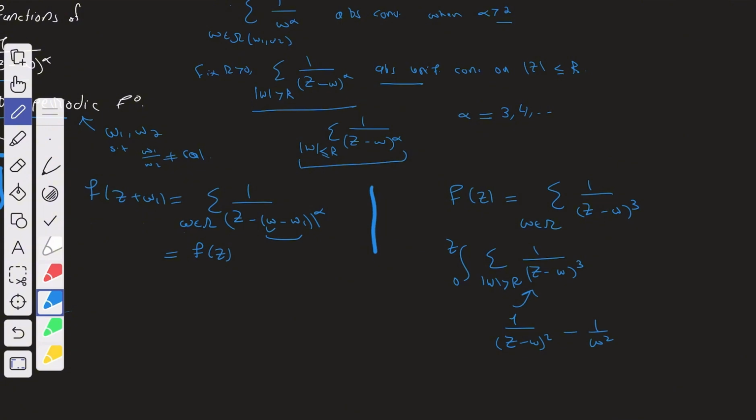And having done so, we'll be getting the Weierstrass P-function that we have.